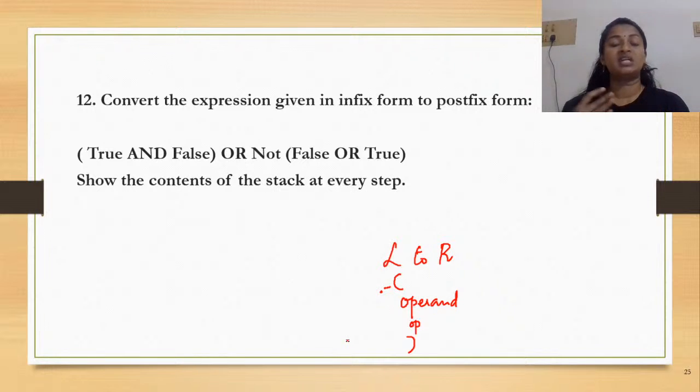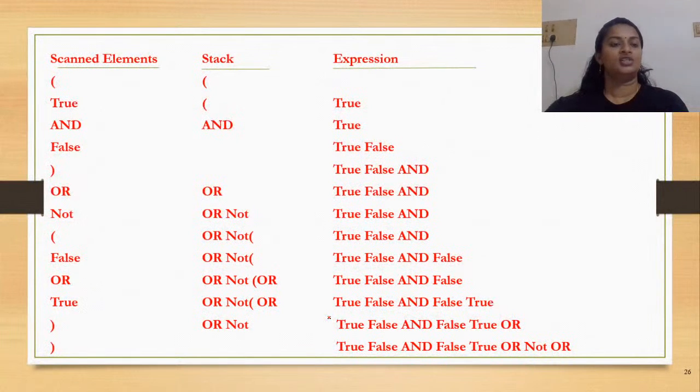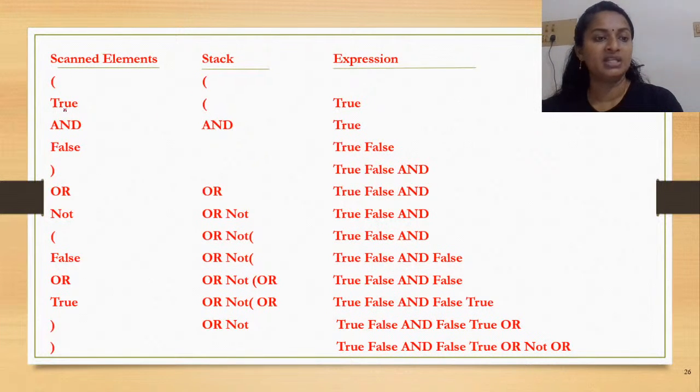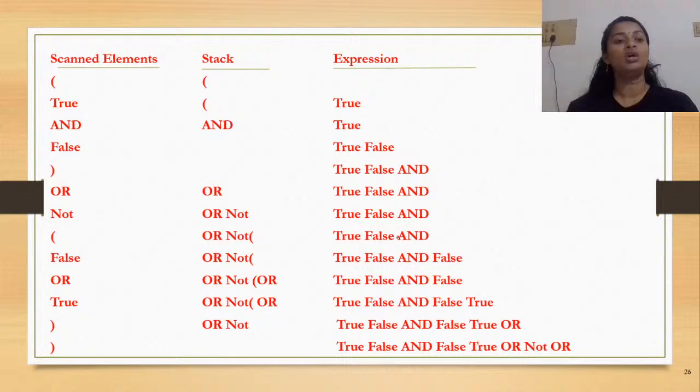So, these are the steps that we need to take care of when you're traveling an infix expression from left to right, and you're trying to convert to postfix form using the stack. So see here, this is how you need to show it in the form of a table if you are asked to do so.